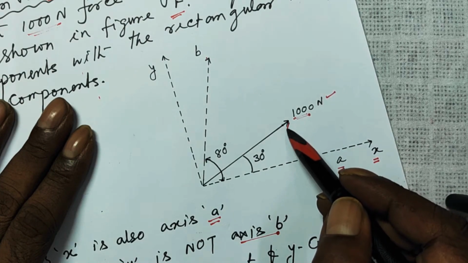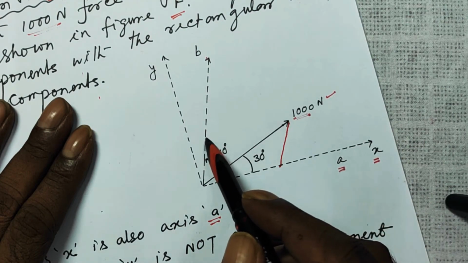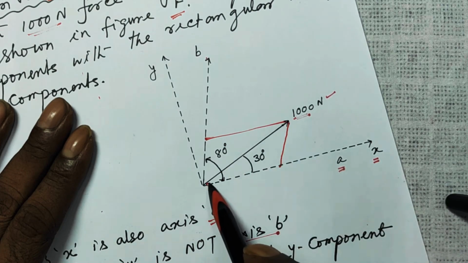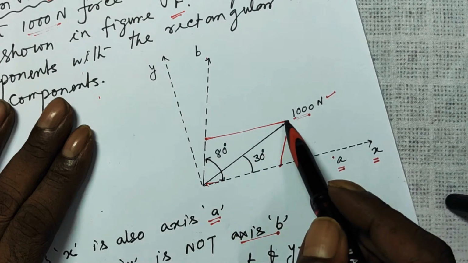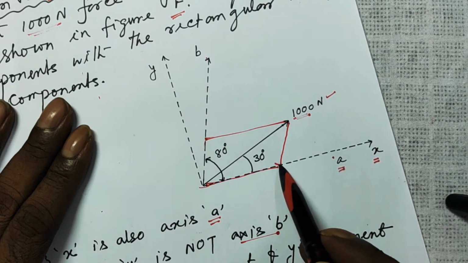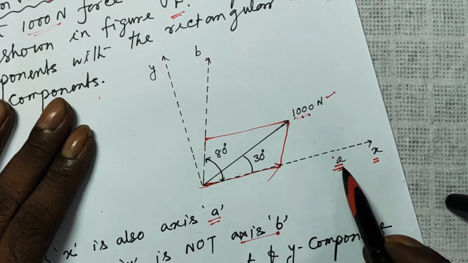If you draw a line parallel to axis B, and from here a line parallel to axis A, then this is the rectangle. So this is the component of 1000 Newton force along axis A.